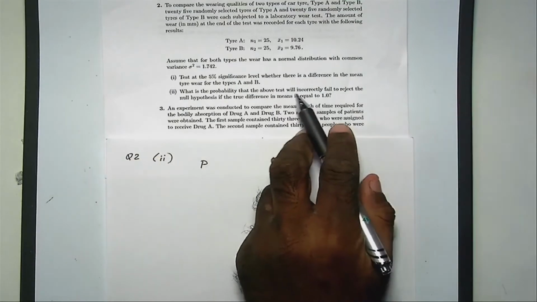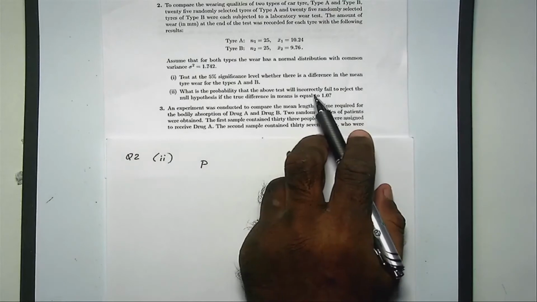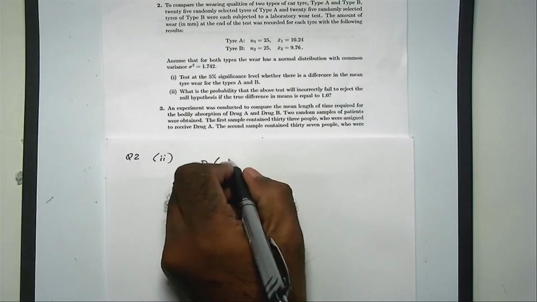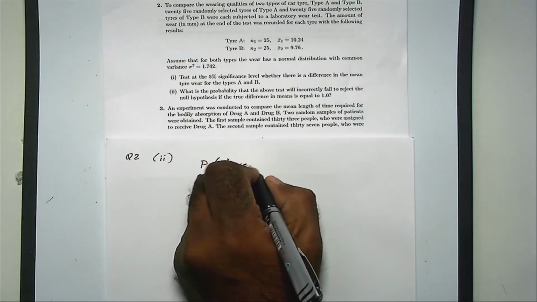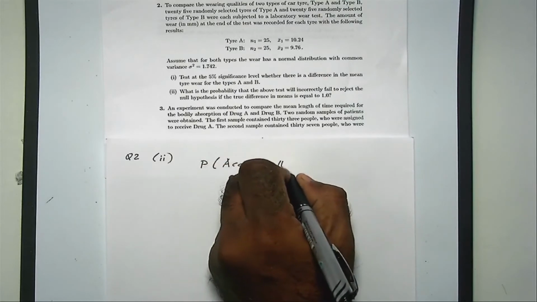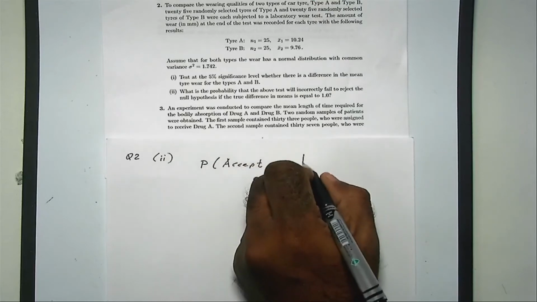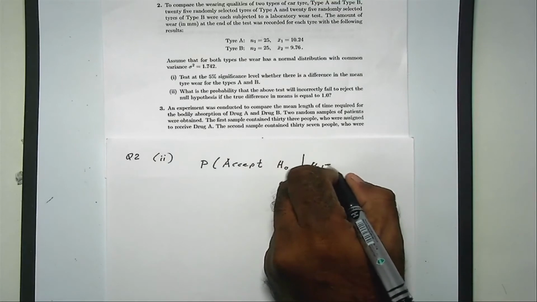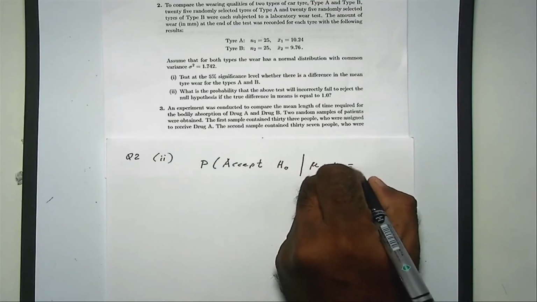If you read the wording carefully, it says incorrectly fail to reject. What that means is that we are accepting the null hypothesis, right? When the true difference between the population means is equal to 1.